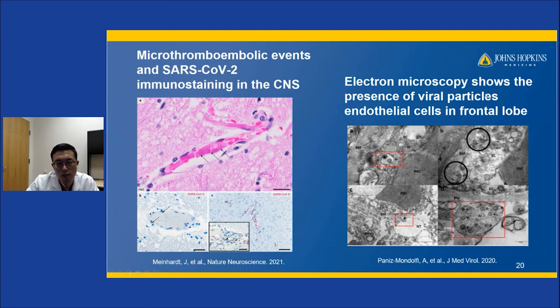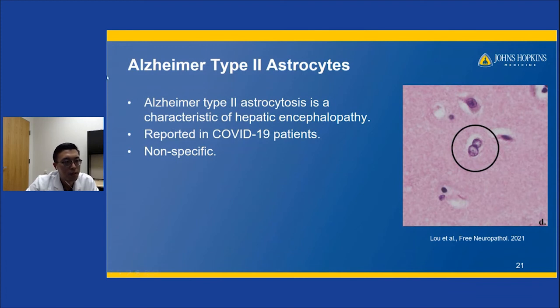This particular case is in the frontal lobe, and this is the only case I found where electron microscope showed the presence of viral particles in endothelial cells in the frontal lobe. And also a non-specific finding, Alzheimer type 2 astrocytes. These are commonly found in hepatic encephalopathy patients, and these are commonly reported in COVID-19 patients. Although this is non-specific, I just wanted to bring to your attention that these are commonly found in COVID-19 patients.